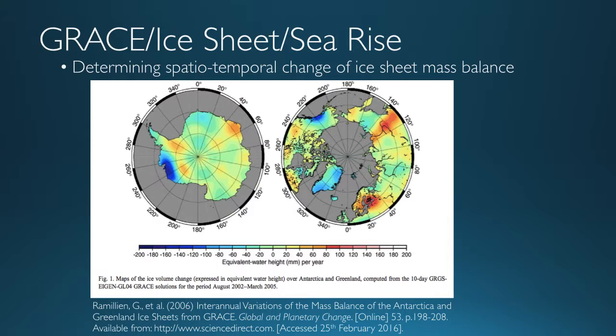They found their results are in general agreement with other observations that suggest East Antarctica ice sheets are slightly gaining mass while West Antarctica is losing.